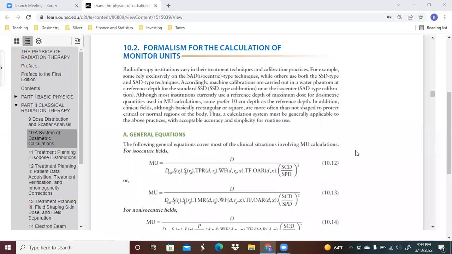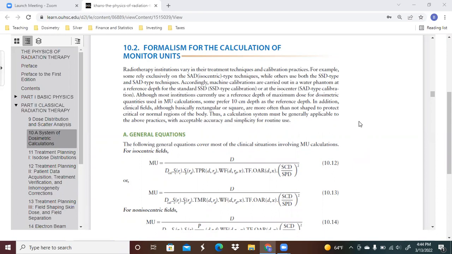This is going to be the lecture over chapter section 10.2, and we're going to be talking about calculating monitor units. This is pretty important stuff, so we're going to dedicate pretty much an entire lecture just on this section, just to get you used to the idea of what it means to put together an MU calculation.